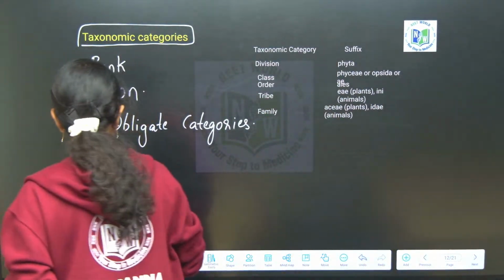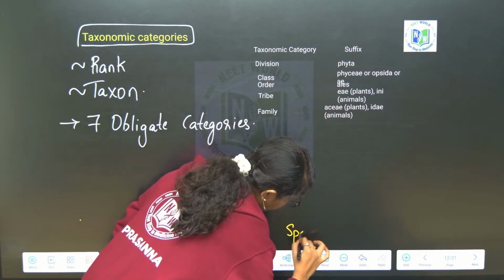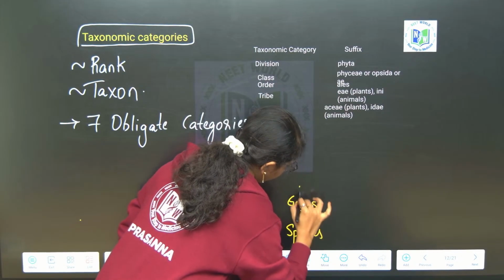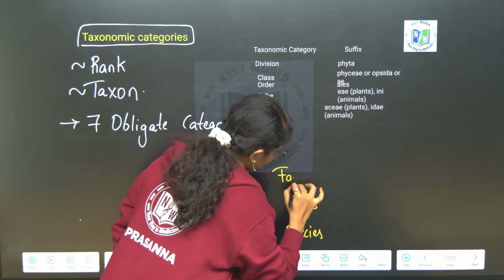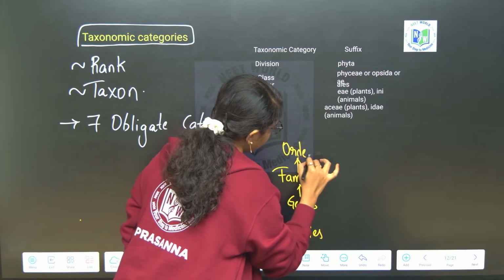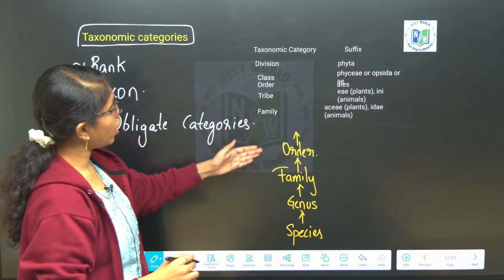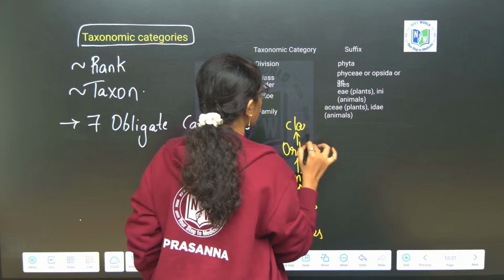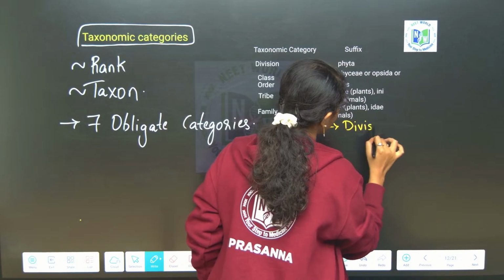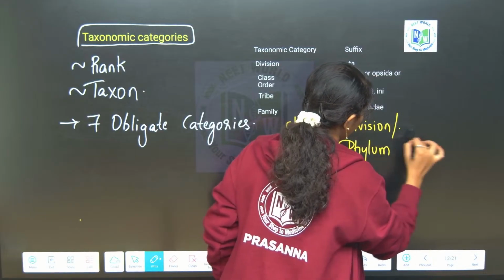Those 7 obligate categories include species, then genus, then family, then order, class, division or phylum, and kingdom.